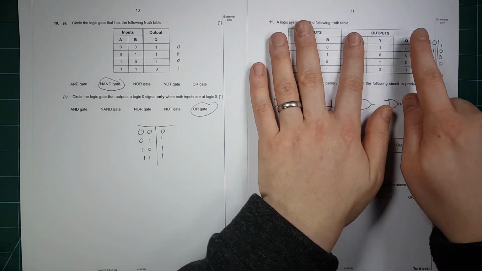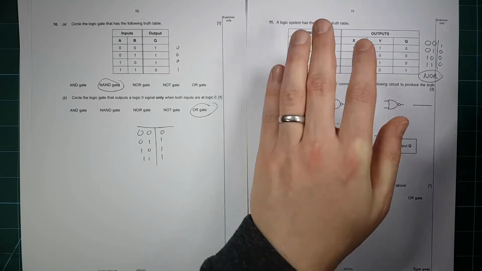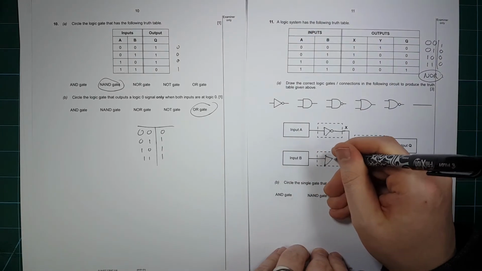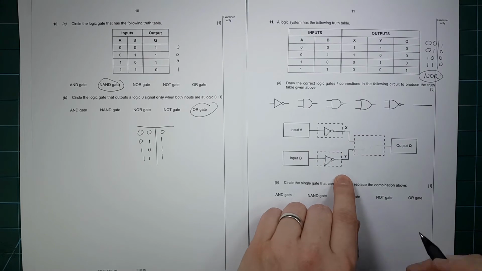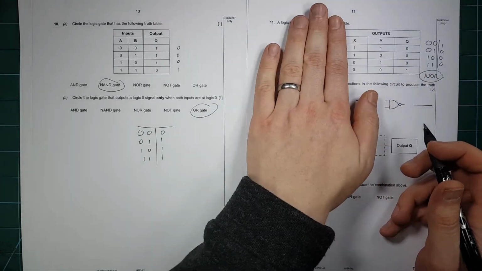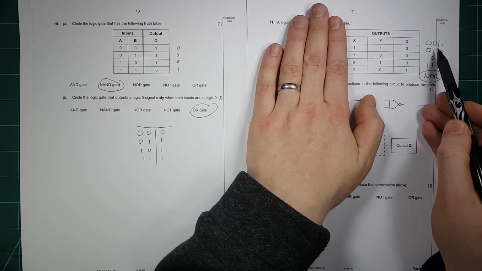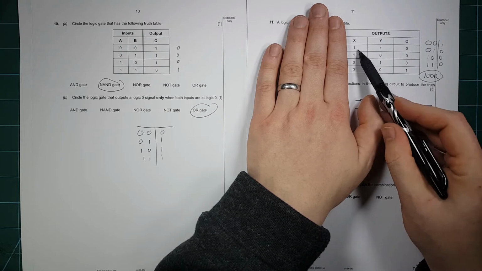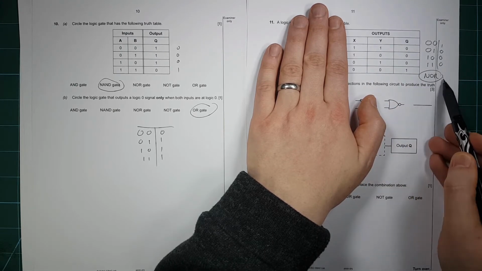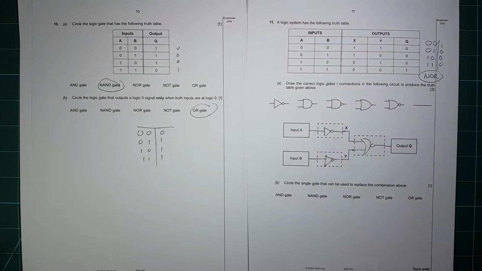If we look at Y now, Y is the opposite of B. So that's just a NOT gate for Y as well. And then what I've done here is I've redrawn this truth table here in the normal order. And so you put 0, 0 gives you a 1, and all of these combinations give you a 0, and that's a NOR gate. So a NOR gate goes here, like so.